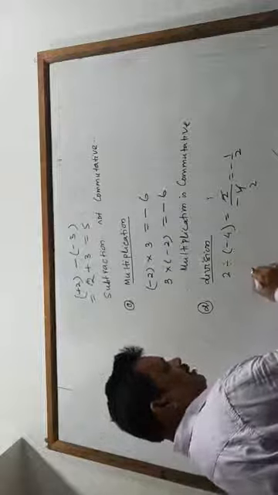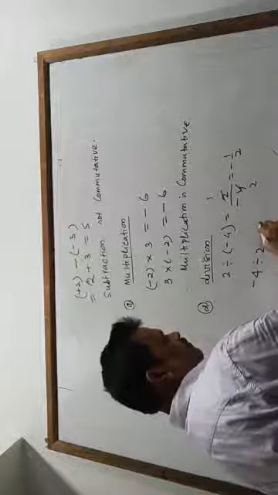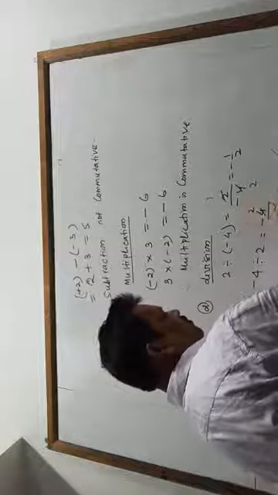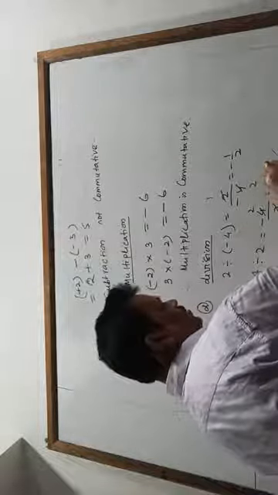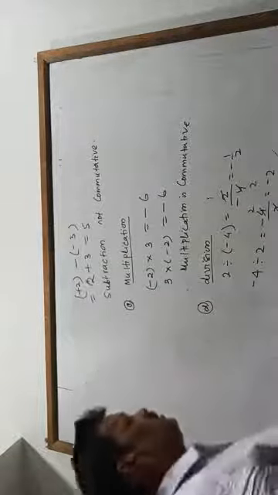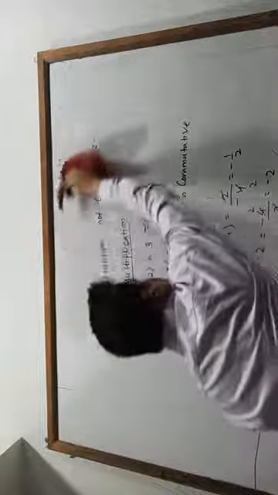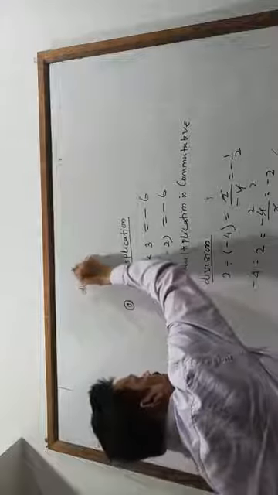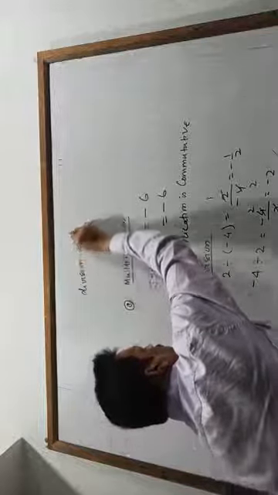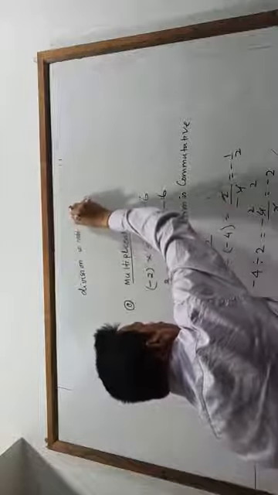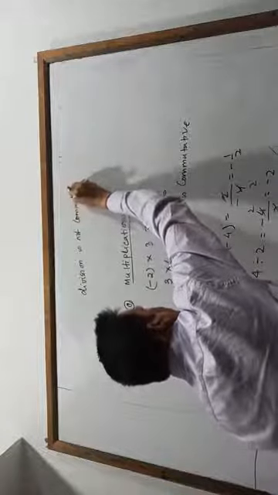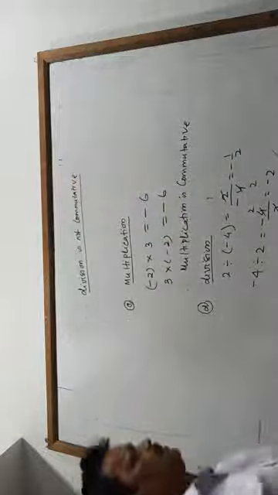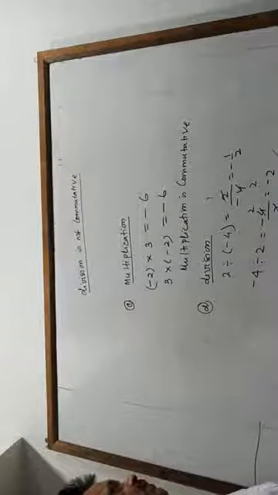Reverse: minus 4 divided by 2. Minus 4 by 2, minus 2. Not equal. So division is not commutative.